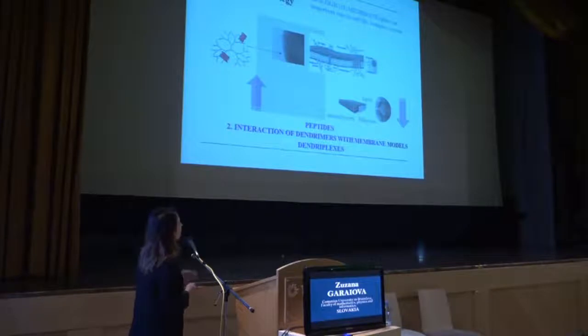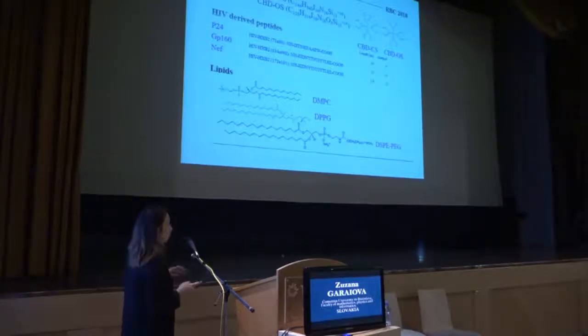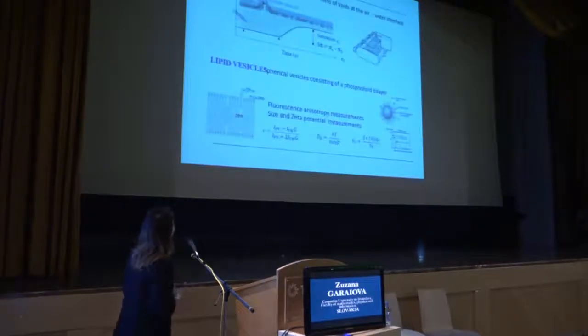But before studying these interactions, we had to check if those dendrimers are able to complex those peptides. And this characterization was made and is the basis of this paper. So here we checked those dendrimers, complexed them with different types of peptides and characterized them.